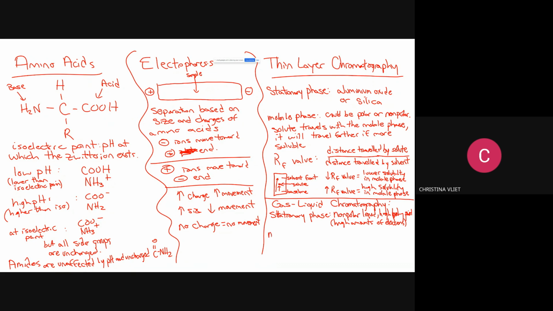The mobile phase, which is what your sample travels with, is some kind of carrier gas. The carrier gas has to be unreactive. That's why it's called gas liquid, because it's moving with the carrier gas. There have been questions where they ask you to give possibilities of carrier gases.